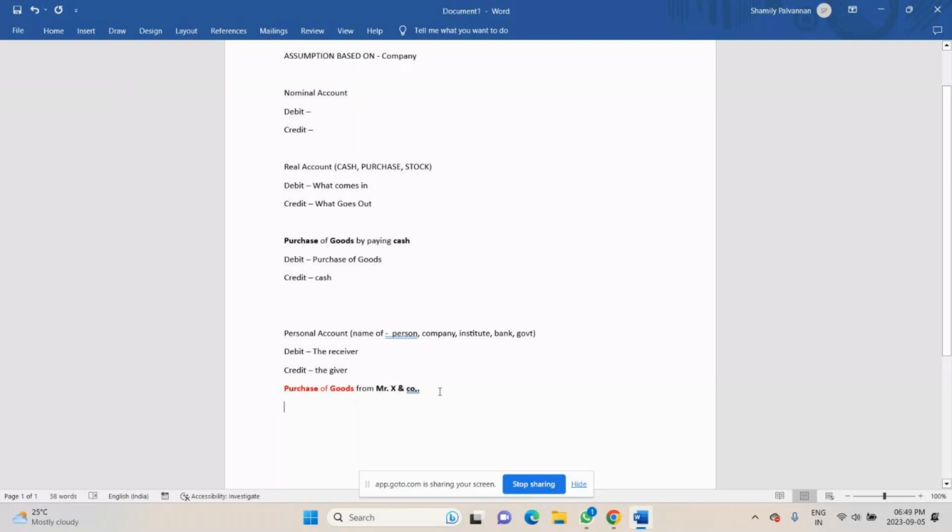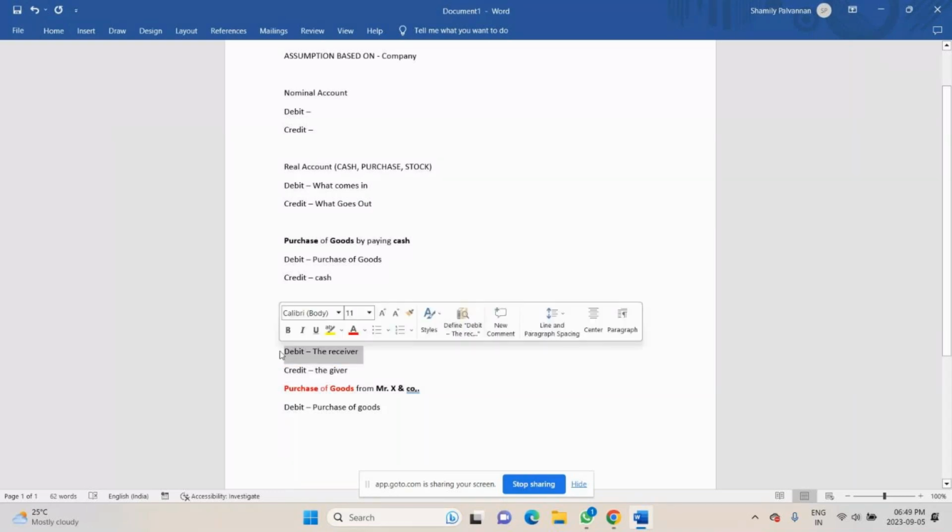So the transaction that takes place here is a debit. What do we have to debit here? Purchase of goods. Debit what comes in: purchase of goods. Debit what goes out: we are not giving anything. But we have the other part. Who is giving me these goods? It is Mr. X. So we are receiving.